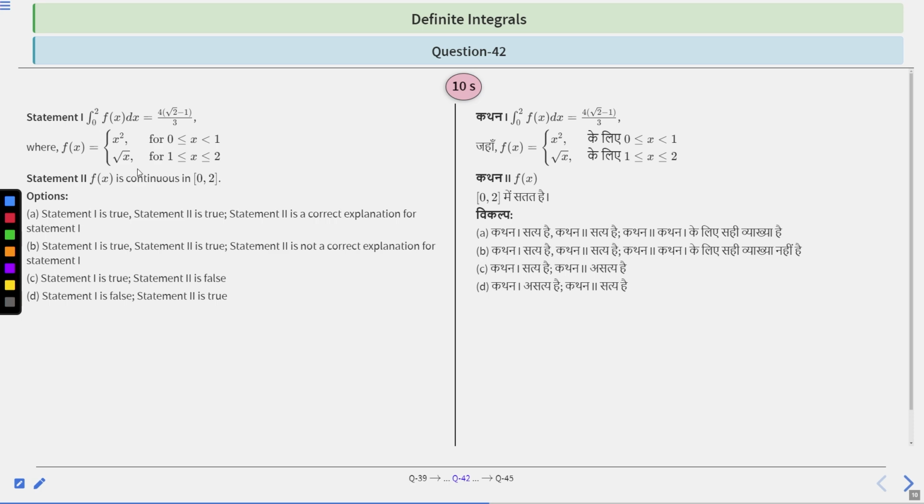We will do the integral of x square dx from 0 to 1 plus the integral of root x dx from 1 to 2, right? You have to apply that method. Then you can easily find the value of the integration of f(x) dx from 0 to 2. Clear? Okay, you have 10 seconds to solve this question. After 10 seconds, we will discuss the solution. Okay.